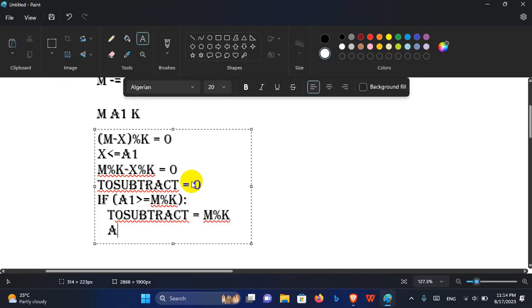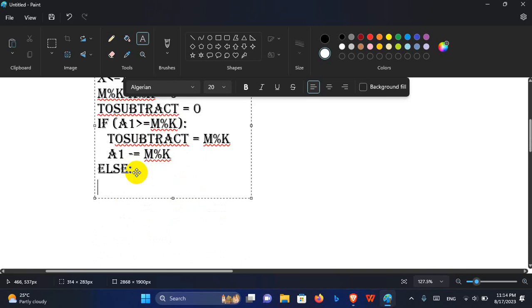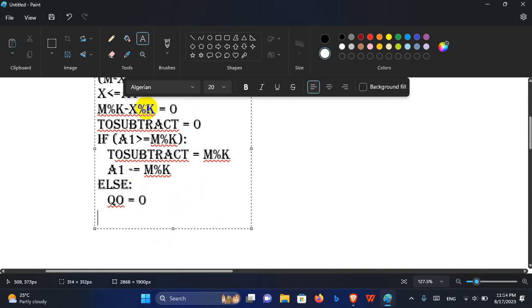So now we will subtract this m mod k from A1, and if it is not the case, we will do nothing, and this would be 0. Because if it's not bigger, we can do nothing, so we just leave it.